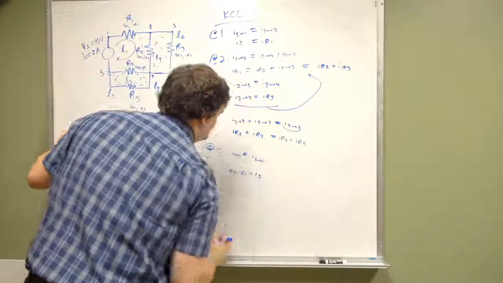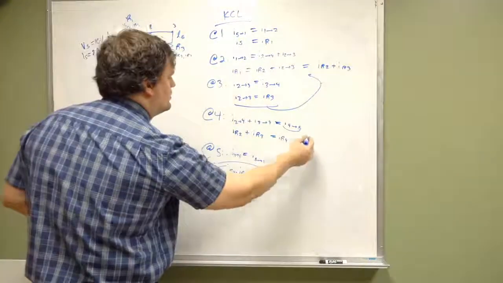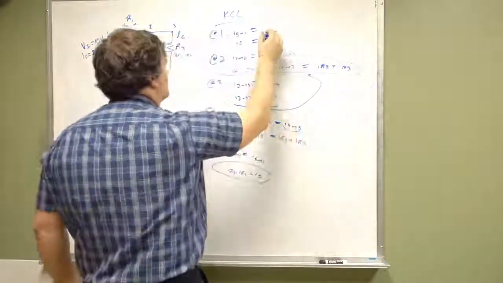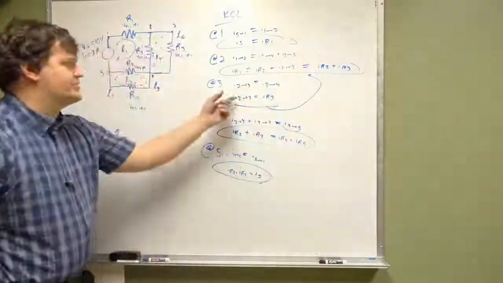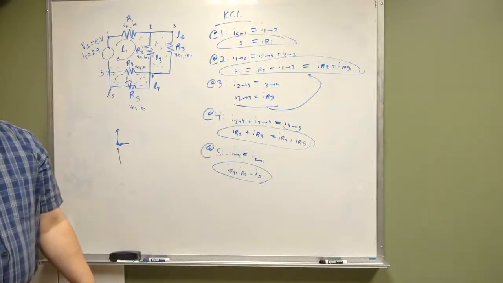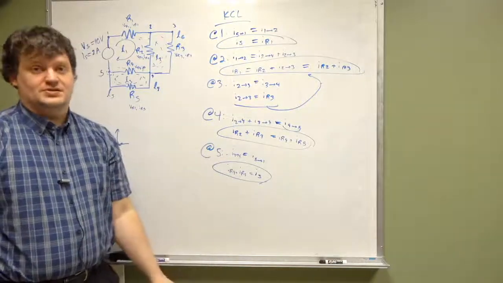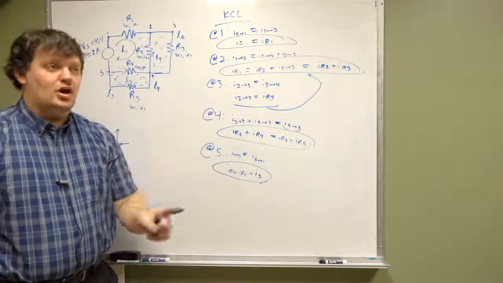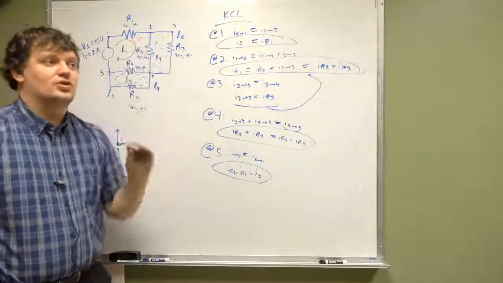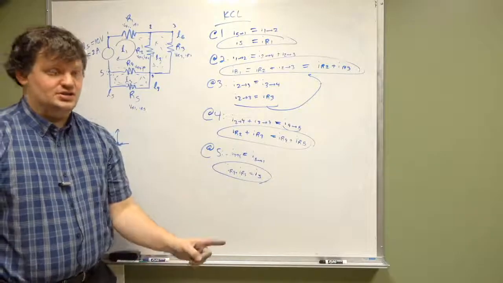Okay, and those are all of the equations. That one doesn't really help us. But those are all the equations that we would need to solve for different currents in the system. These are the physical restrictions on each of these currents because of the law of conservation of mass. KVL equations gave us the restrictions on the system based on the law of conservation of energy.